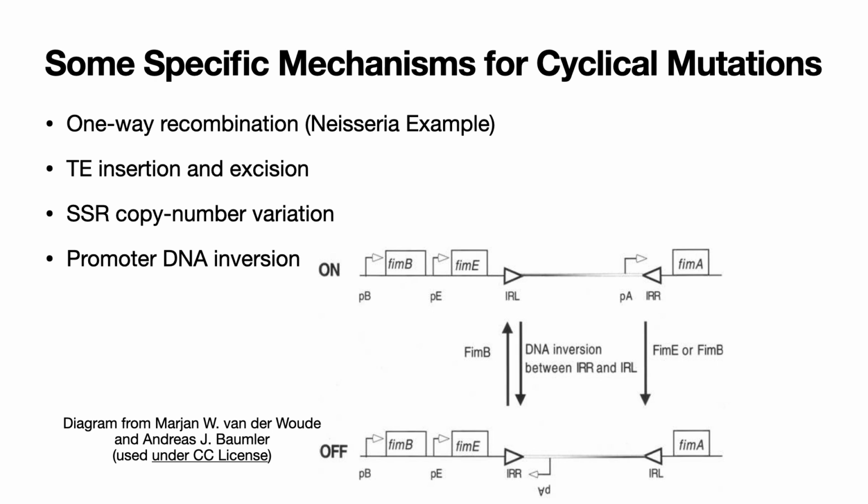And then phase variable genes oftentimes mutate by promoter DNA inversion. So you have a promoter sequence, and that promoter sequence can be reversed to turn the gene off in different generations. So this promoter sometimes is forward and turns the gene on, sometimes it's backwards and turns the gene off. So again, you continually revisit prior states.